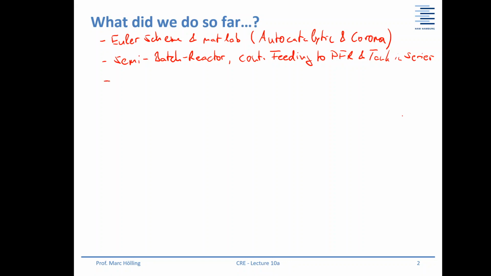Okay, then we started with changing density.